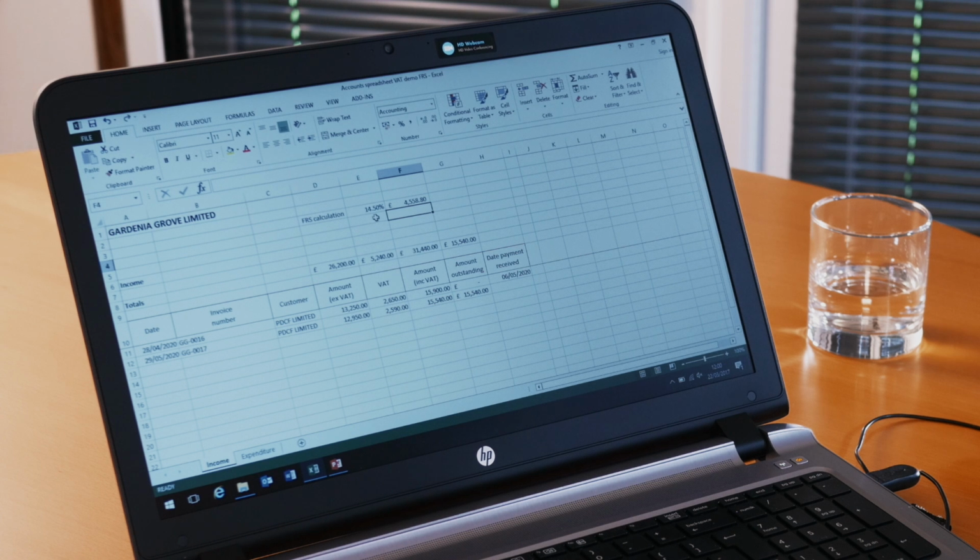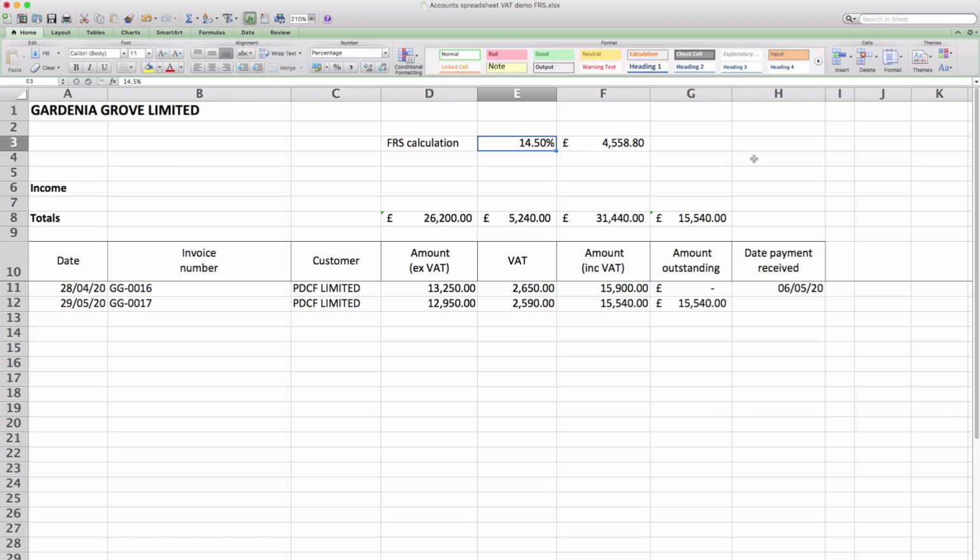So what that means is, instead of using 14.5%, which is our normal consultancy rate, you would have to use 16.5%. And you can see from the numbers that under this amount, you've recovered £5,240 from your customers on the invoices you issued, and you will be paying £5,187.60 over to HMRC under the scheme.